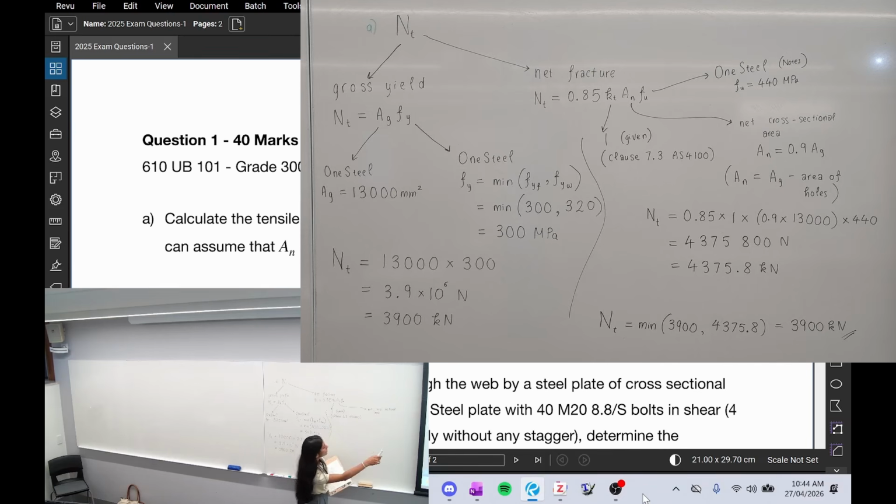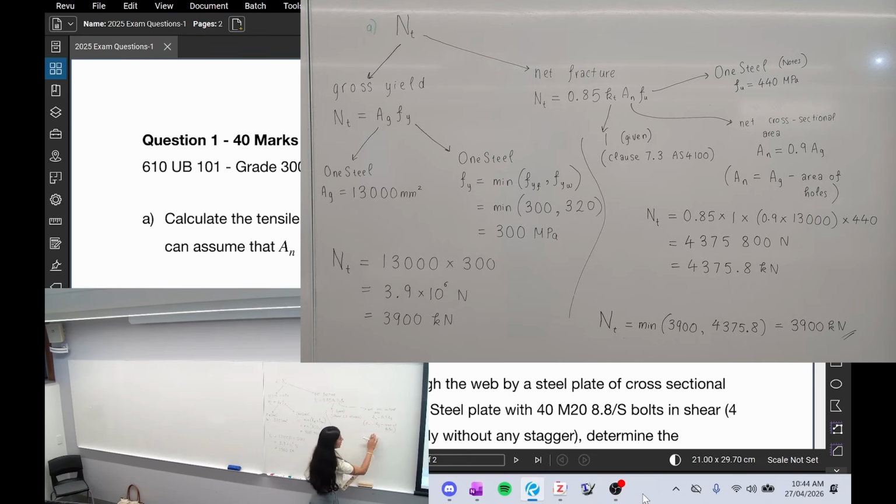But for this question, they've said that we can just assume that your net cross-sectional area is 0.9 times the A_G that we had before. If you don't have this assumption, then you would have to calculate A_N yourself. The way you do that is it's the gross cross-sectional area minus the area of any holes or other penetrations that you would have.